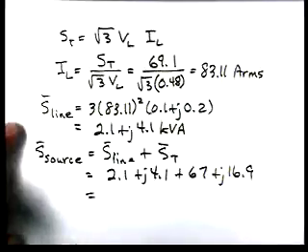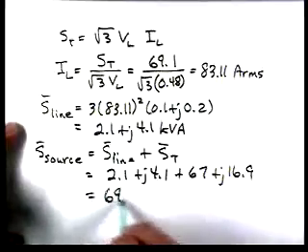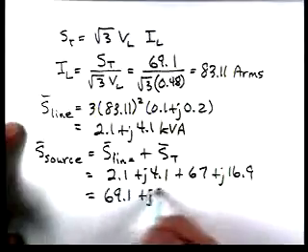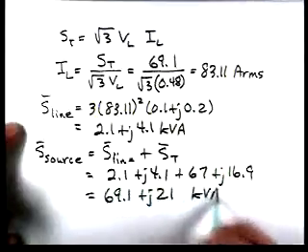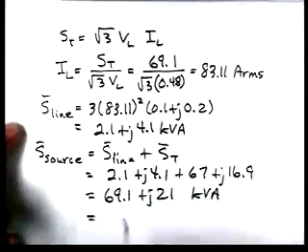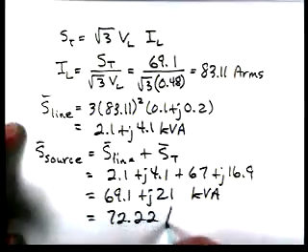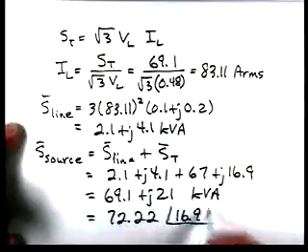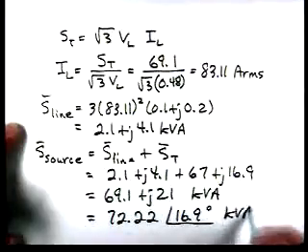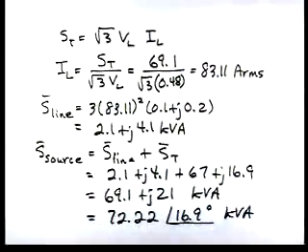So S for the source then is 69.1 plus j21 kVA, and in polar form that's 72.22 and an angle of 16.9 degrees kVA. So there's the complex power for the source.